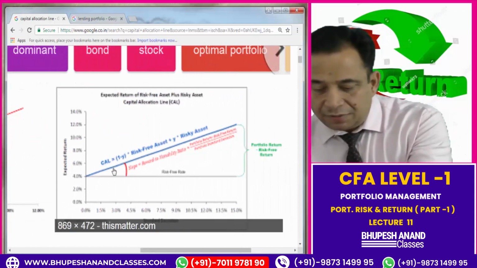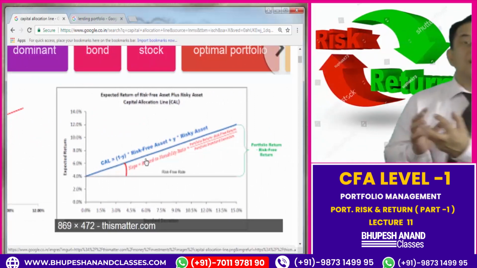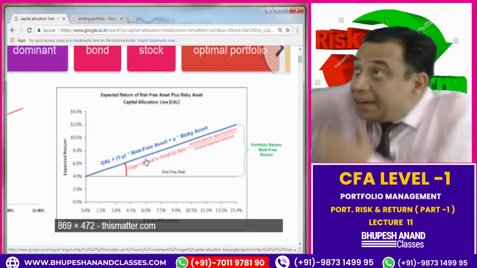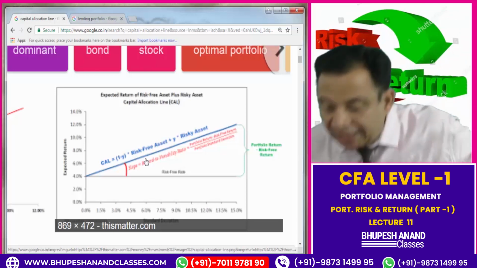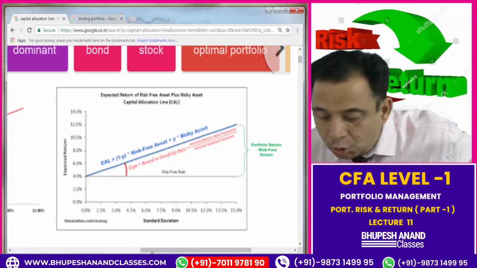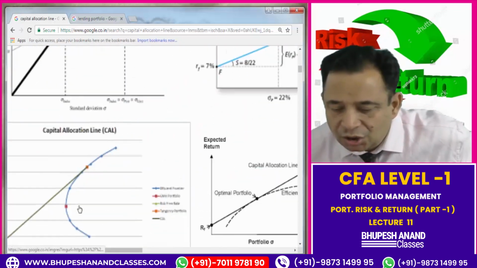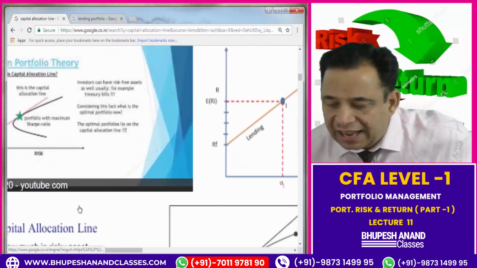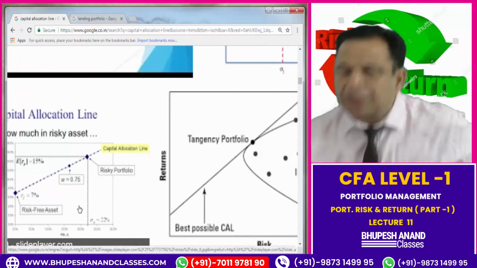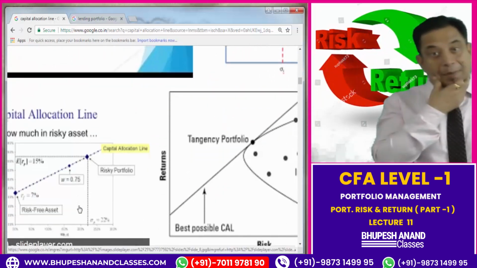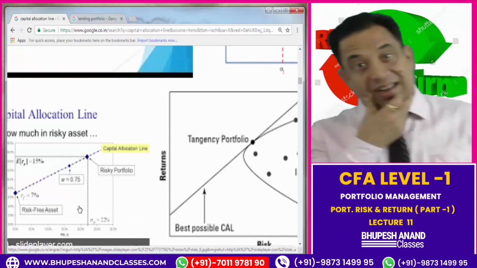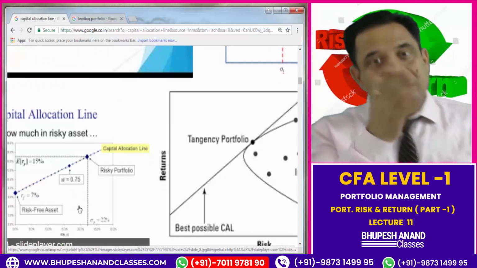This is the capital allocation line, and it will be a straight line because it is a linear equation. You're getting the point? So like this, I have told you what the meaning of capital allocation line is, why it is a straight line and why it starts from the risk-free rate.